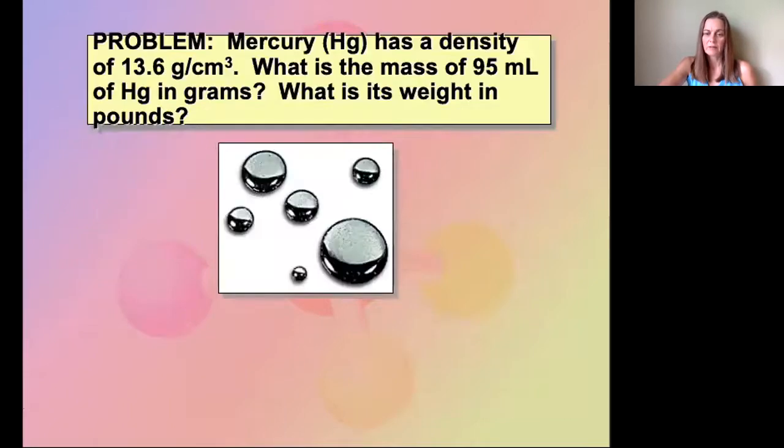Okay, let's use density one more time in a conversion problem. We're given that mercury has a density of 13.6 grams per cubic centimeter, and it asks us for the mass of 95 milliliters of mercury in grams and the weight of mercury in pounds.